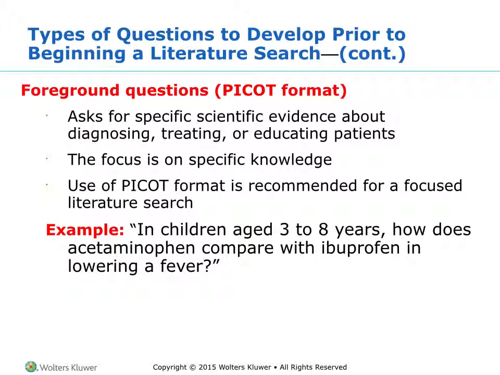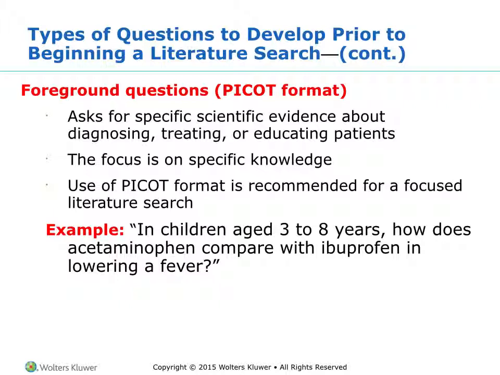In children aged 3 to 8 years, that's your P, your population, how does acetaminophen, that's your intervention part, compare with ibuprofen, that's your comparison part, in lowering a fever, that's your outcome. So again, children aged 3 to 8 years is the P of PICO, population. Acetaminophen is the I of PICO, intervention. Ibuprofen is the C of your PICO, which is your comparison, and lowering a fever is your O, the outcome.